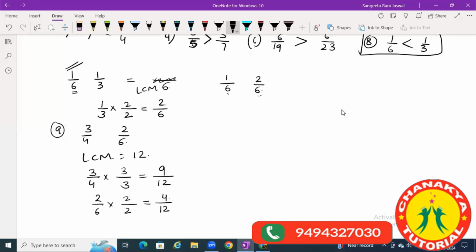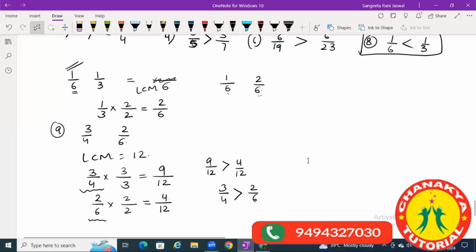Now both these fractions are 9 by 12 and 4 by 12. Can you compare which fraction is greater here? 9 by 12. So 9 by 12 corresponds to which fraction? That's 3 by 4. And 4 by 12 corresponds to 2 by 6. So we can say that 3 by 4 is greater than 2 by 6. Yes? You get it? Yes, ma'am, I got it.